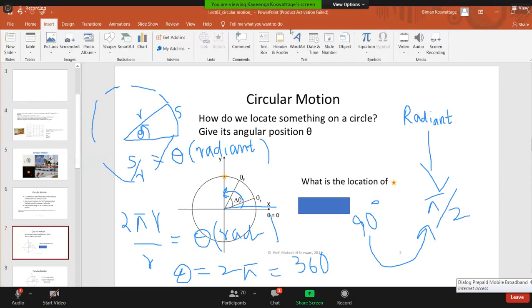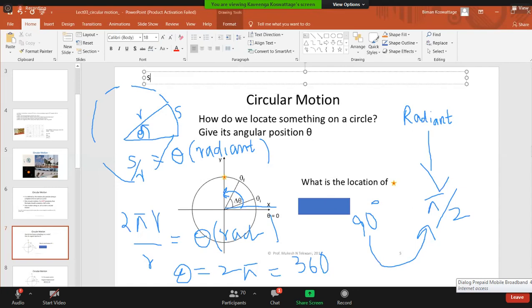So please draw this one. And then what we have to write is that suppose we have a length of intercept s by, so I cannot write theta here, I just write here, right?